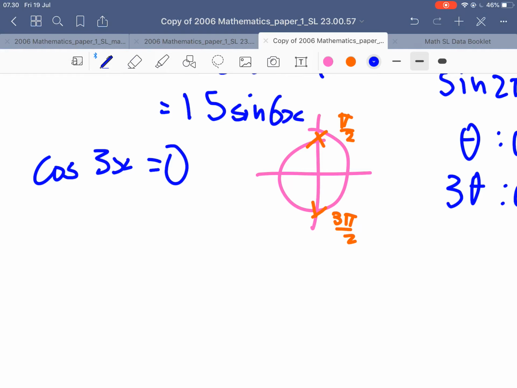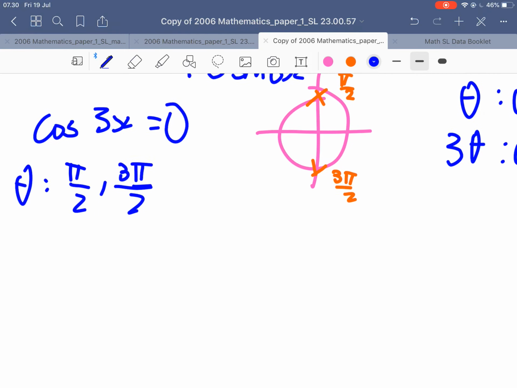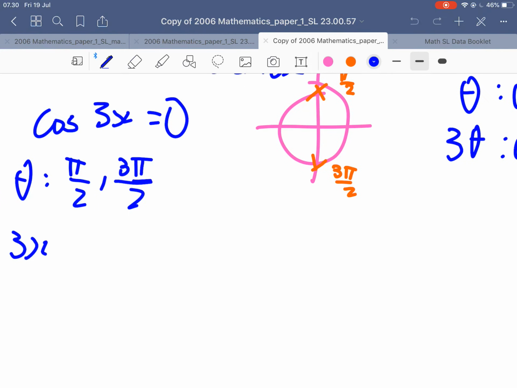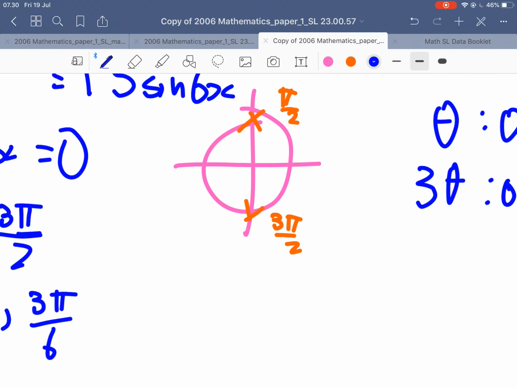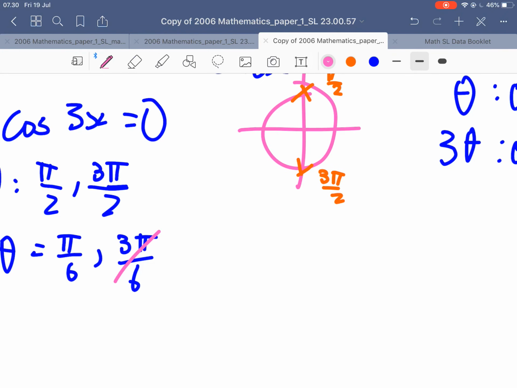So the angle is equal to pi on 2, 3 pi on 2, but then we have 3 times the angle, so we divide by 3: pi on 6, 3 pi on 6, which is just pi on 2. Pi on 2 is larger than pi on 3, so that one doesn't count, but pi on 6 does.